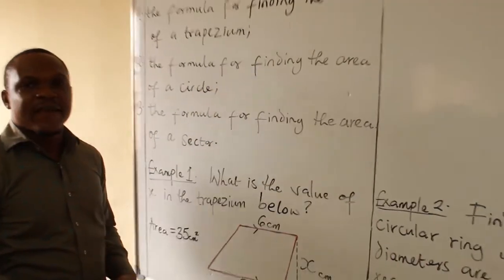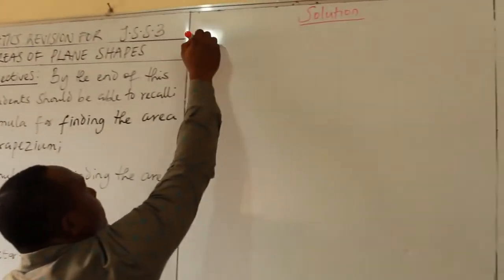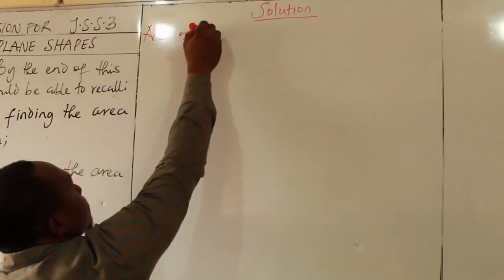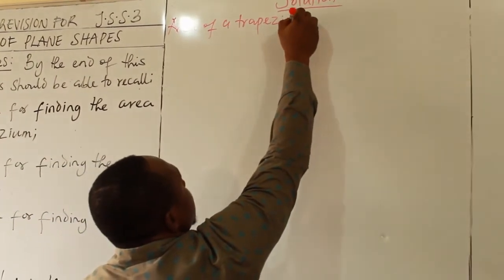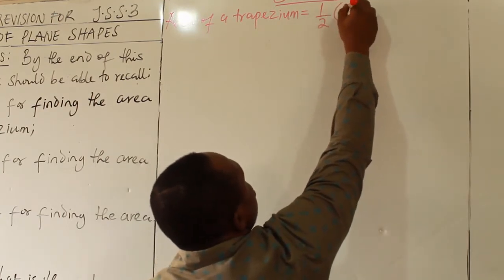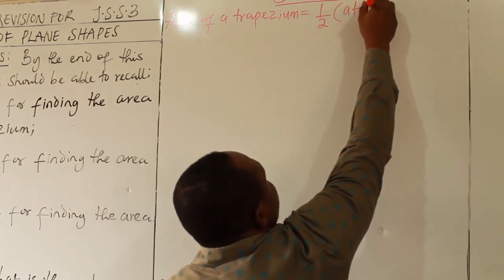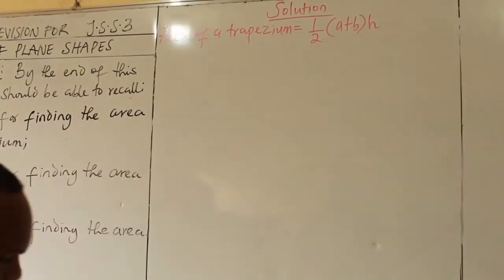The formula for finding the area of a trapezium is given as half multiplied by the sum of the parallel sides of the trapezium multiplied by the height of the trapezium.